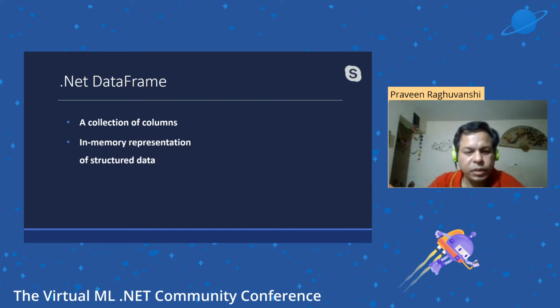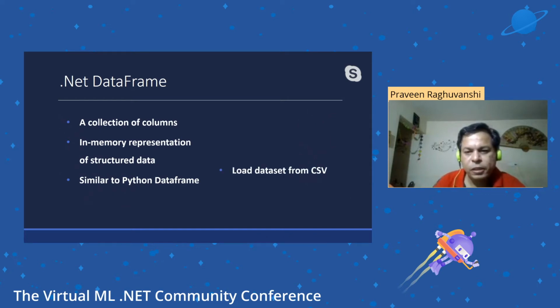Basically it's a collection of columns, and in this the whole data is present in memory, so everything gets loaded into memory. That's why it's called an in-memory representation of structured data, and it's very similar to the Python data frame.